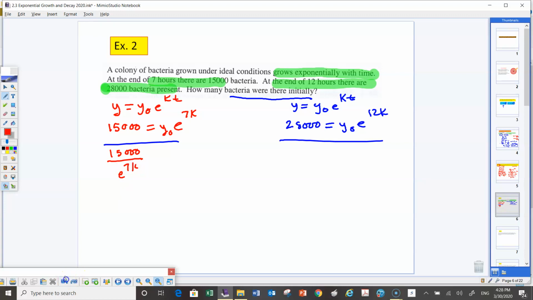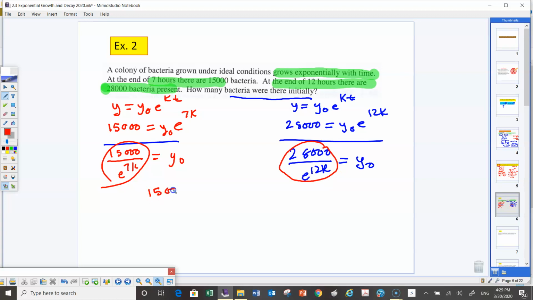And I'm going to divide the 28,000 on the right-hand side here by e to the 12k. Now, if y subscript o is equal to this, and y subscript o equals this, those two things have to equal each other. So 15,000 divided by e to the 7k has to equal 28,000 divided by e to the 12k.